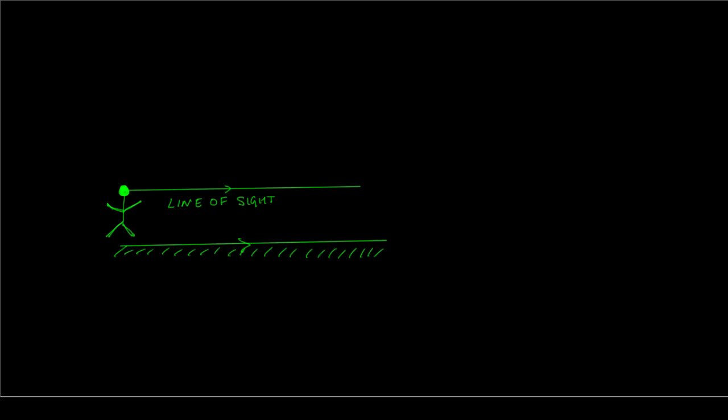Now let us assume that he lifts his head a bit to see a person at the top. So, for example, a person is here. Suppose this person stands on some building.